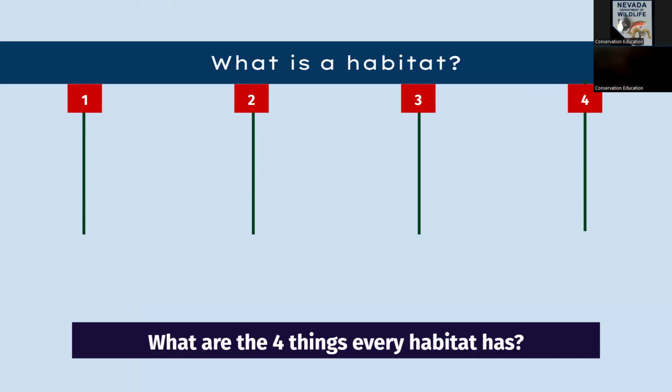Can anyone throw in the chat at least one or all four of what they think a requirement for a habitat is? Okay, most of you are hitting it right on the nail.